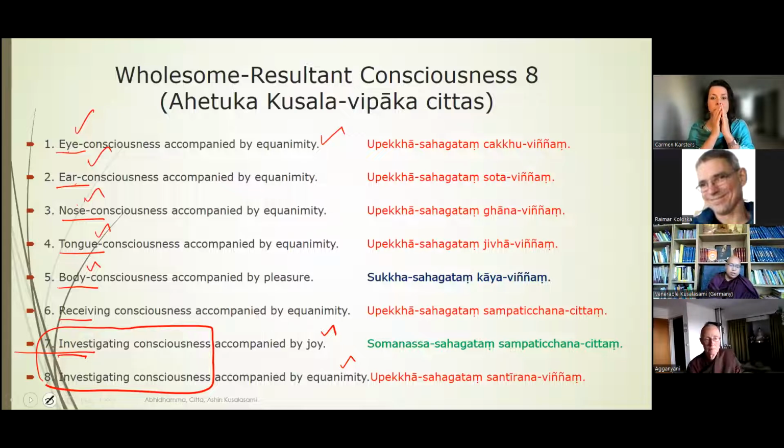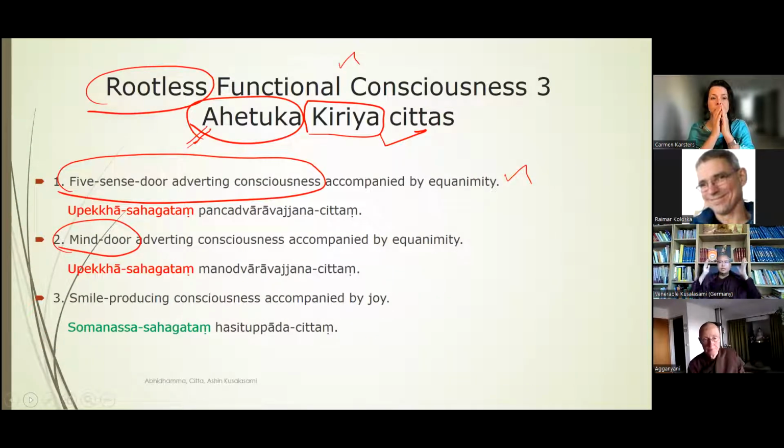And sometimes not because of these five: you close your eyes, you don't hear anything, you don't smell, you don't taste, you don't focus on bodily action, but your mind is walking. This is the mind door. You will learn more detail about that later. So if you want to think something, mind door adverting consciousness appears first. These two consciousnesses are very important for all kinds of good or bad consciousness to happen.